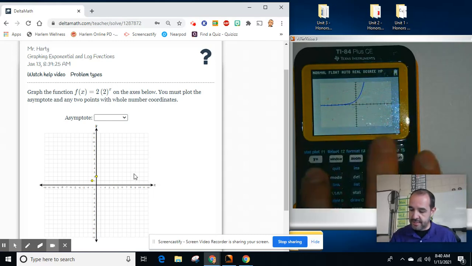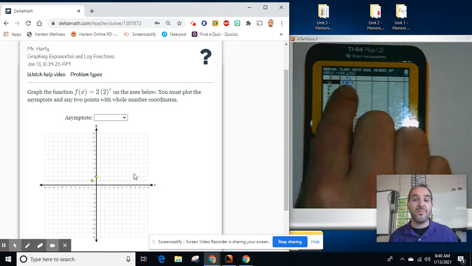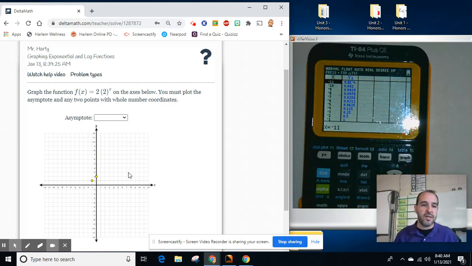Looks like really close to 0. If I keep scrolling, I'm getting really close to 0. There's my E even that's telling me I'm getting close to 0. So my asymptote is horizontal. Exponential's horizontal, logs is vertical. So horizontal.